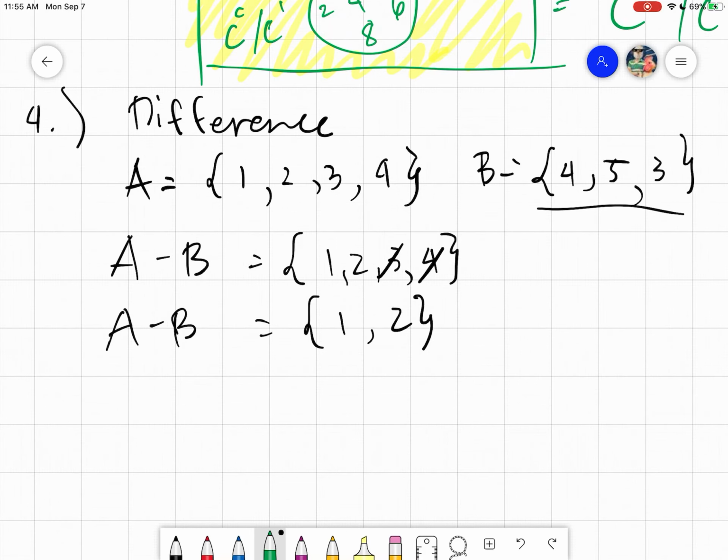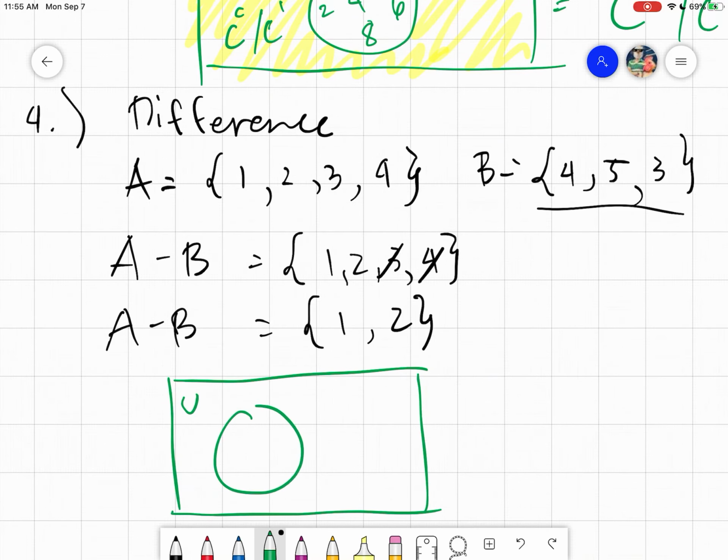Okay? Then again, if you will apply the Venn diagram here, it would look like this. Universal set, set A, and set B. Take note, ang difference po, laging may intersection sila. Dapat meron silang common. Kasi kung walang common, hindi na set difference yan. So, ito yung 1, ito yung 2, at ito yung 3 and 4, yung common sa kanila.